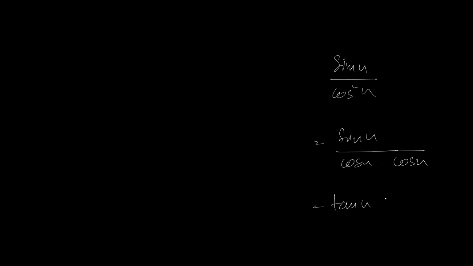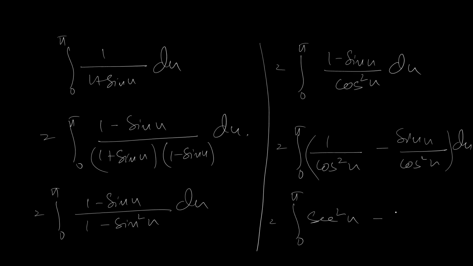I can write sin x by cos square x as sin x by cos x times 1 by cos x, which is tan x times sec x. So I got sec square x minus sec x tan x, dx.